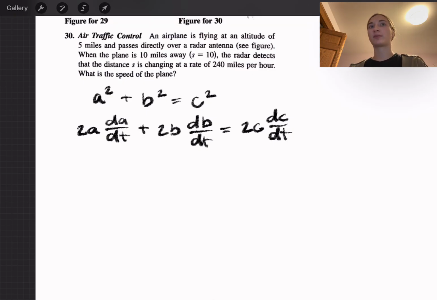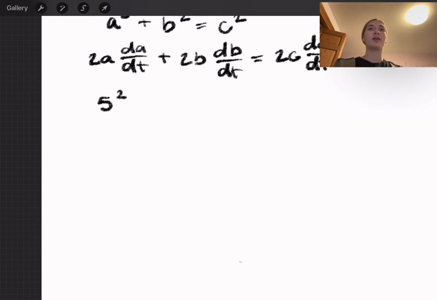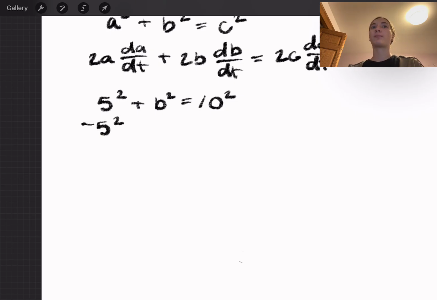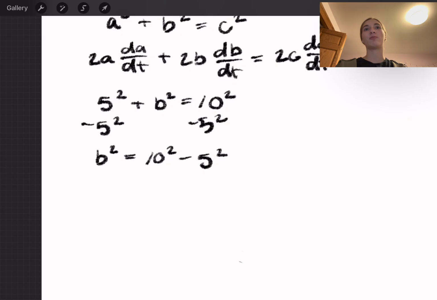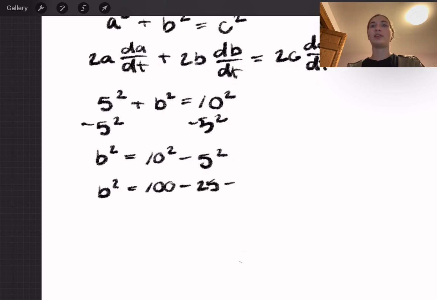So we're going to set this up with 5 squared plus b squared equals 10 squared, since 10 is our hypotenuse, 5 is one of the legs, and we're looking for b. If we subtract 5 squared from one side and subtract it from the other, then we can isolate b squared and figure out what it is. So we'll do 10 squared minus 5 squared, and that will be the same as b squared equals 100 minus 25, which is equal to 75.